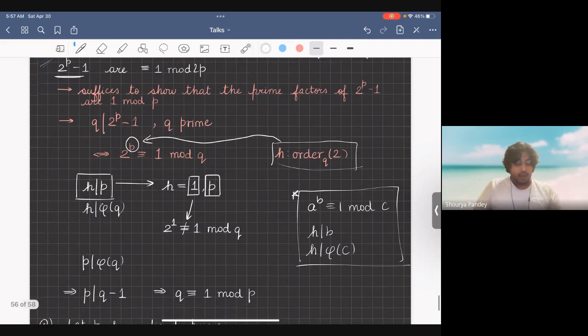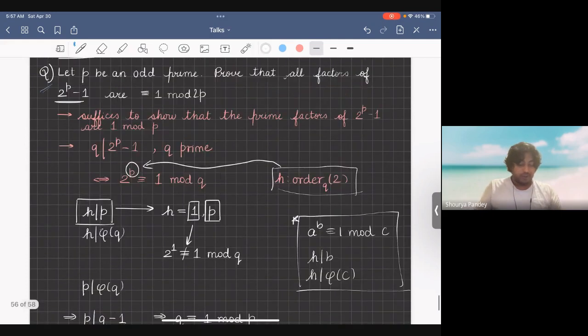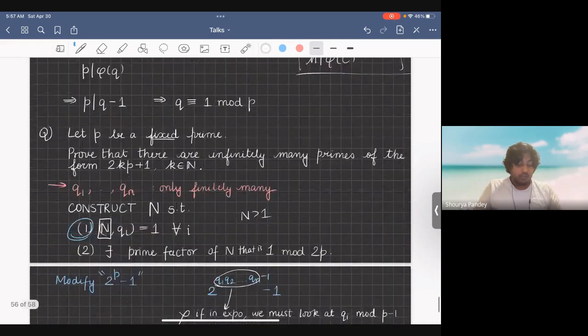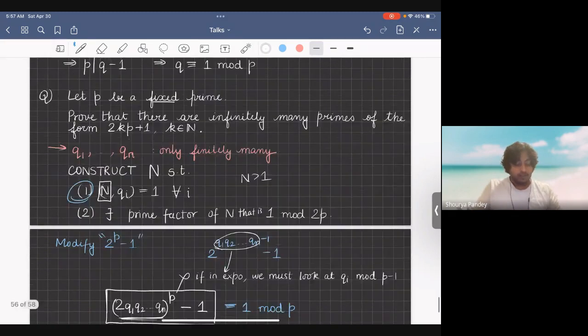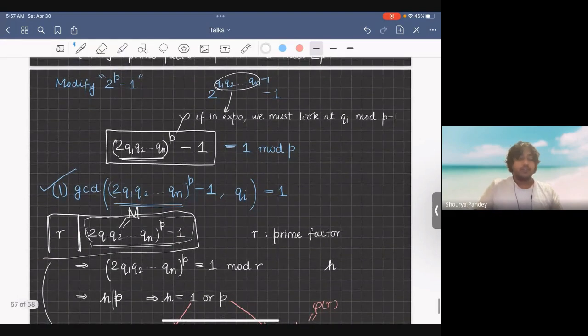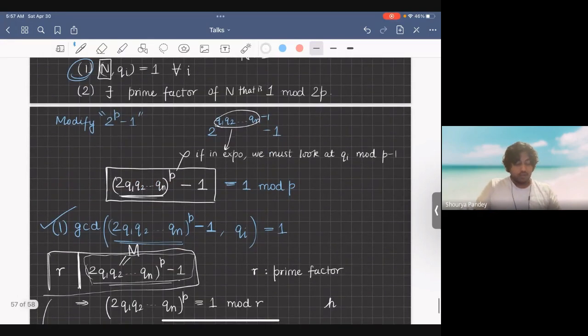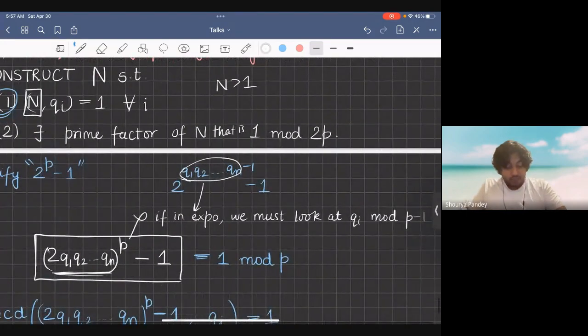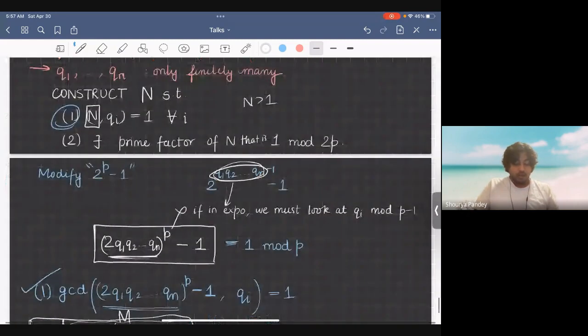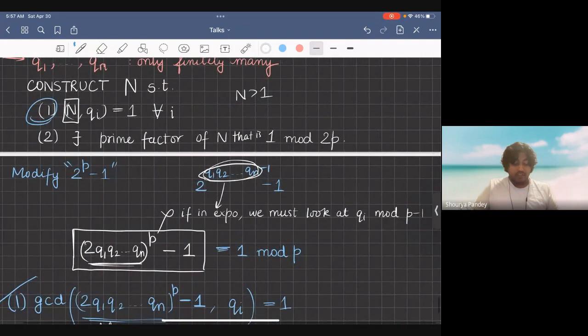So we did this problem, and then to do this problem we just had to modify the construction in the previous problem and do the math. One hint as to why taking this in the exponent doesn't work: it seems tempting at first, but once you look at exponents, then you're working mod phi of p, not mod p.